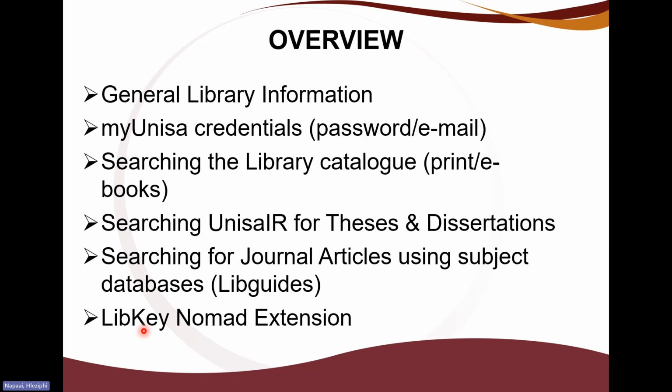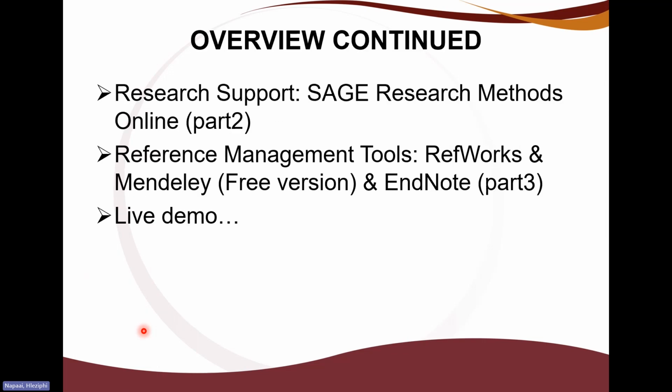If you've downloaded this extension, when you go to any of our databases, it will give you a link to a full text version of an article that you couldn't find maybe when you're using ProQuest, or on the Web of Science or any of our databases. It will give you an extra link to where you can find this particular article in a full text format.